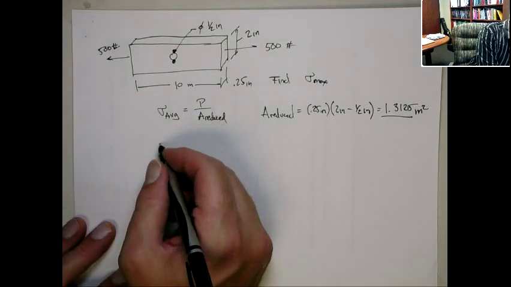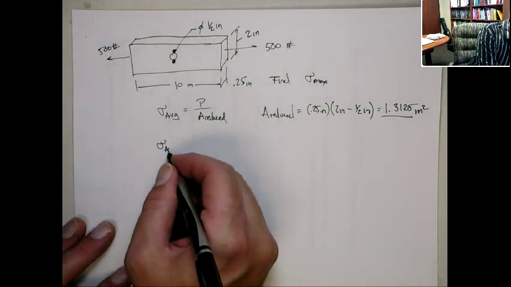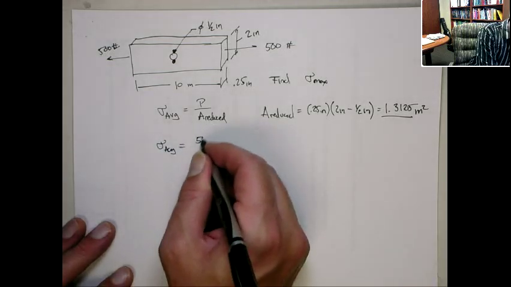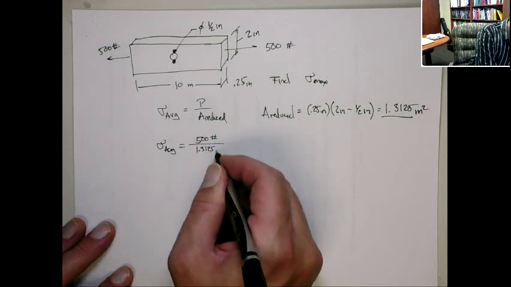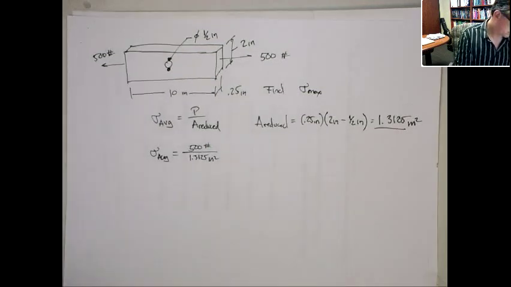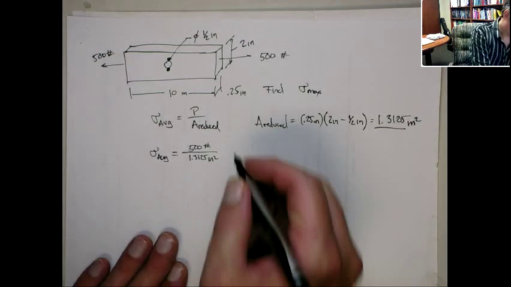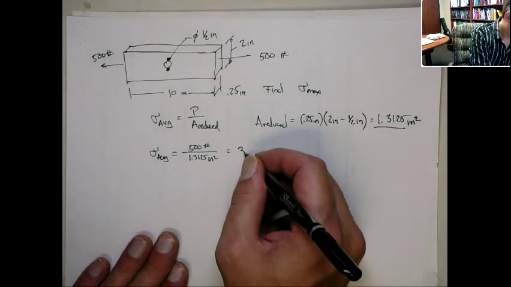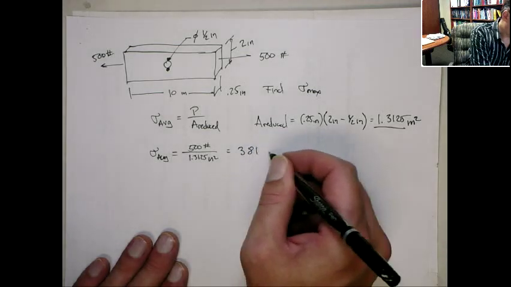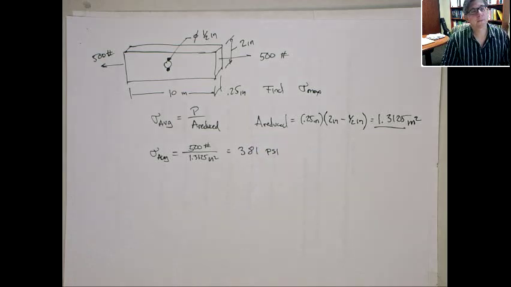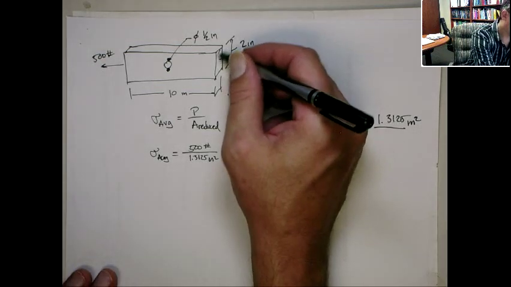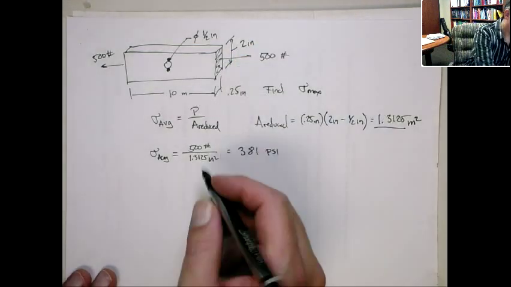So that means the average stress is going to be the 500 pounds over the 1.3125 inches squared, which gives me 381 psi. Okay? Now, actually, the stress you see in this far field would be different.